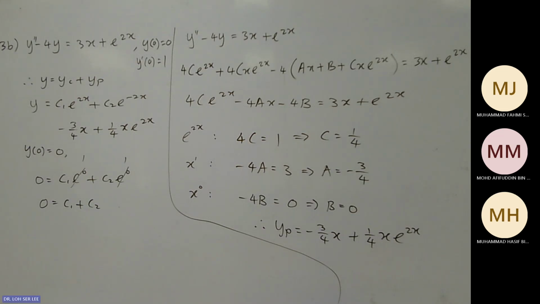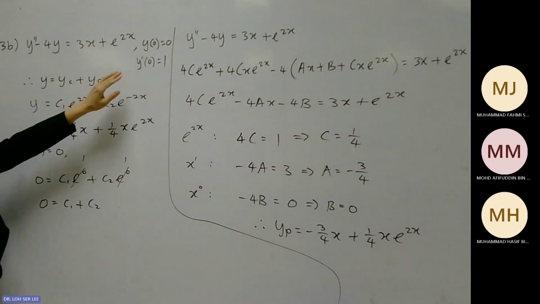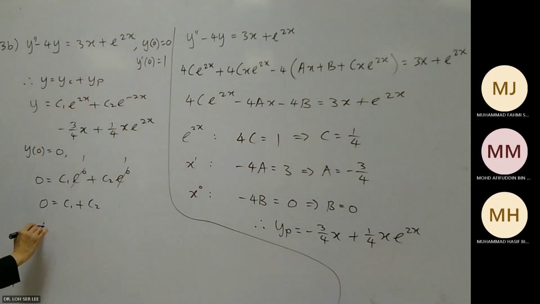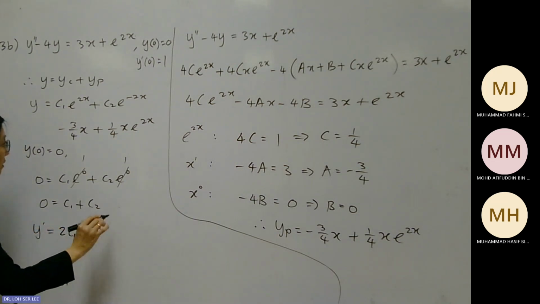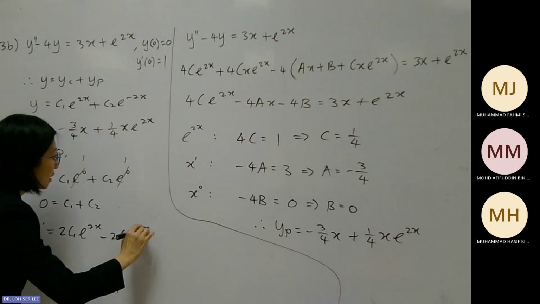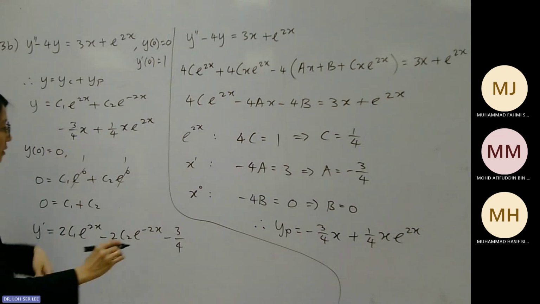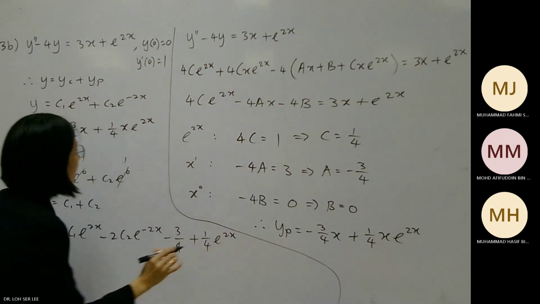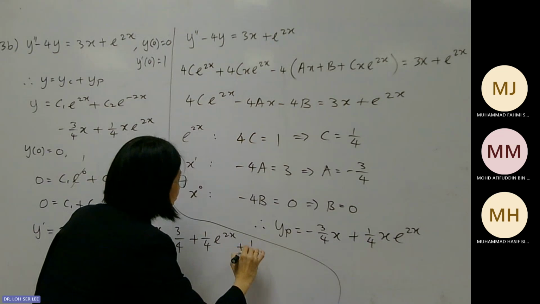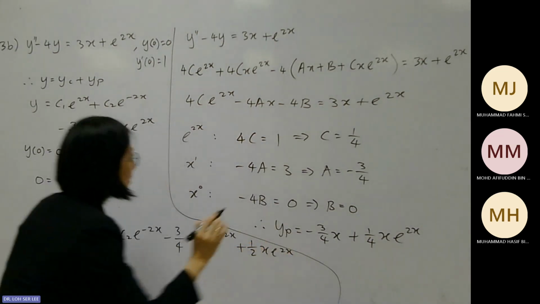Then y prime. Before you apply the second initial value, you have to find your y prime: 2c1 e^2x minus 2c2 e^negative 2x minus 3 over 4 plus 1 over 4 e^2x plus 1 over 2 x e^2x.